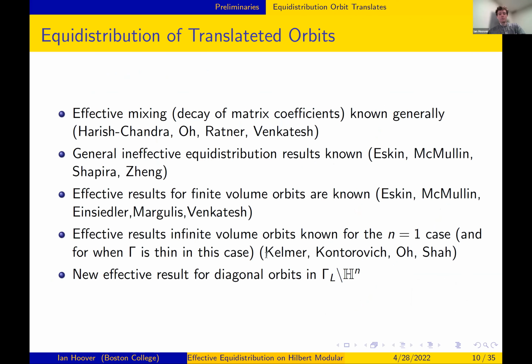Of course, it was more general than that. They also have it for thin gamma, and other lattices as well. But the new result that I'm presenting today is that we have an effective result for diagonal group orbits for arbitrary n now. So gamma mod sub L mod H to the n.